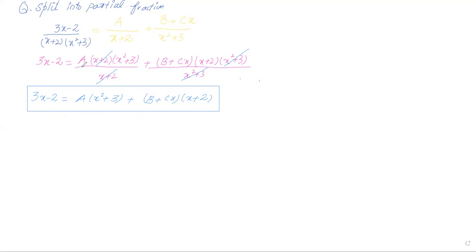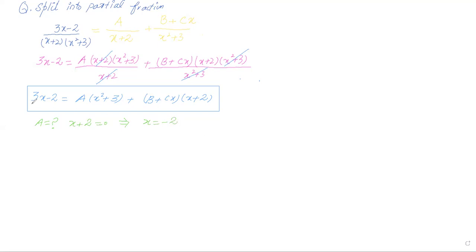You have to find the unknown constants, the numerators of the required fractions, one by one. First of all, you have to find the one whose denominator is linear. So the first one, A, is over here. If I want to find the value of A, I have to put its denominator equal to 0: x plus 2 equals 0, so I will get x equals minus 2.